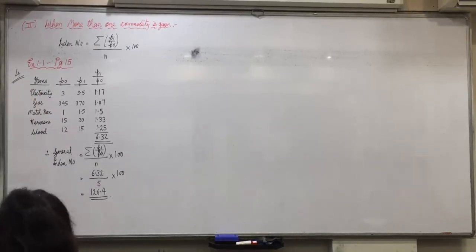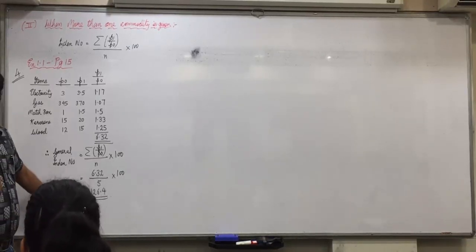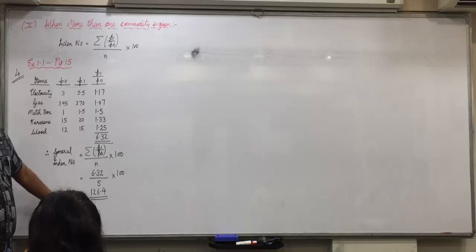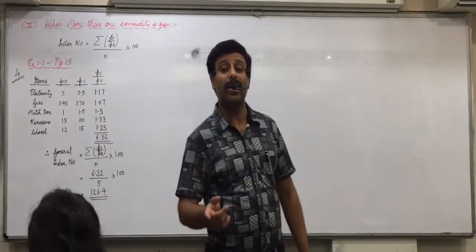Any doubts with this? No, sir. So short and simple. Okay. And we have to state the overall increase in the price of fuel. Purohit, 126.4. So what will be the increase in price? 26.4%.